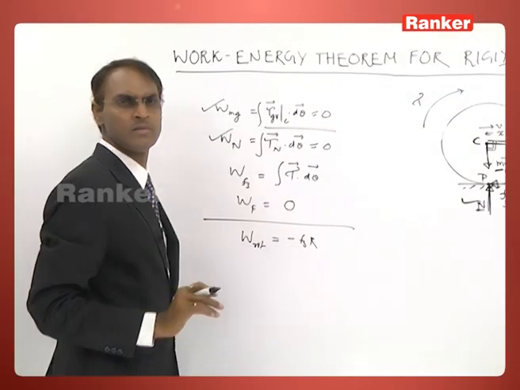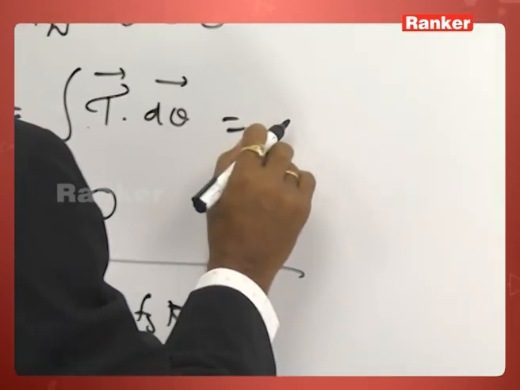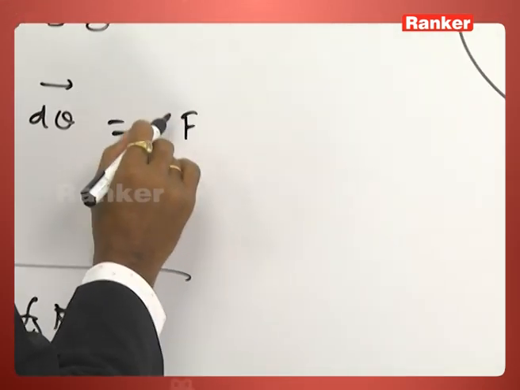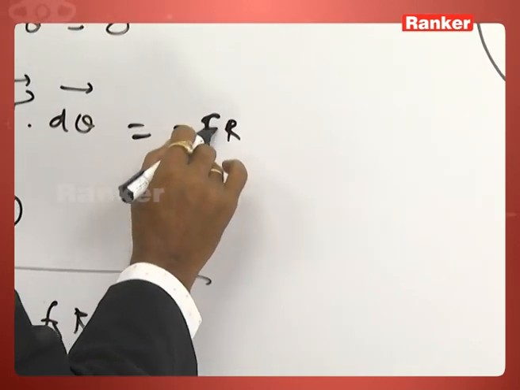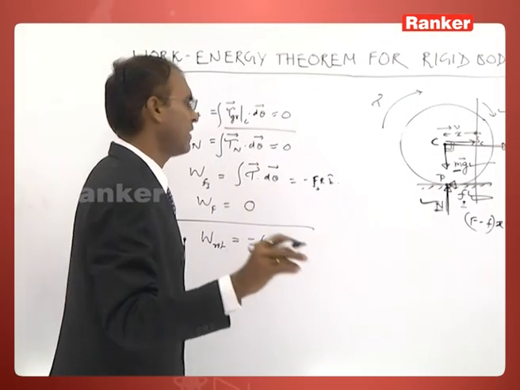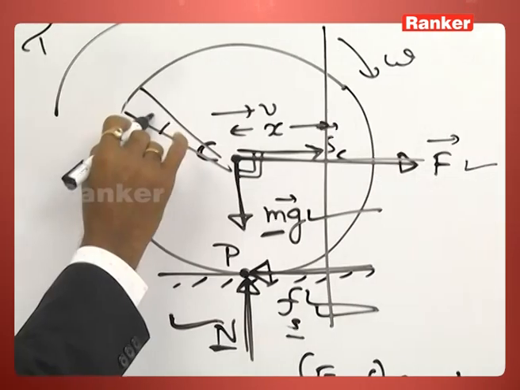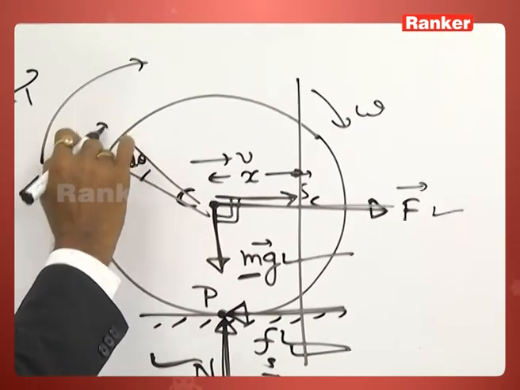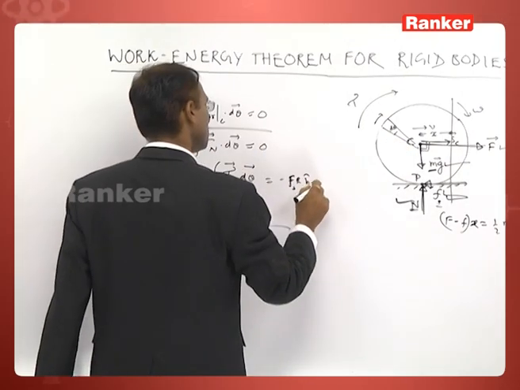Tau is equal to minus Fs into r kf, and dot d theta, the object is rotating in a clockwise manner.